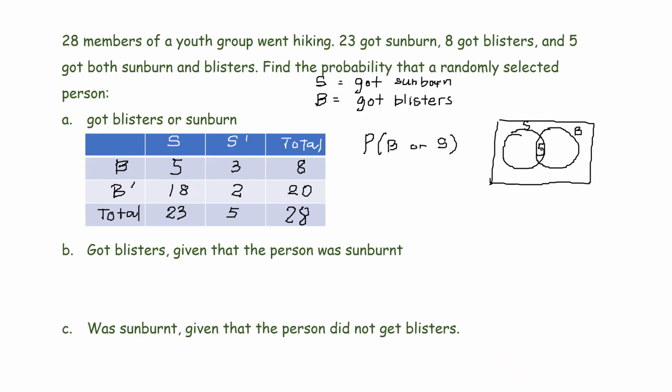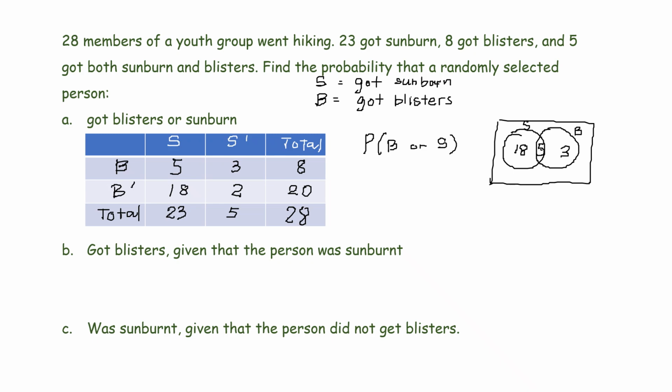So this means we have here 18, coming from sunburn and not blisters. And in this case, we have those with blisters but no sunburn, meaning that's 3.